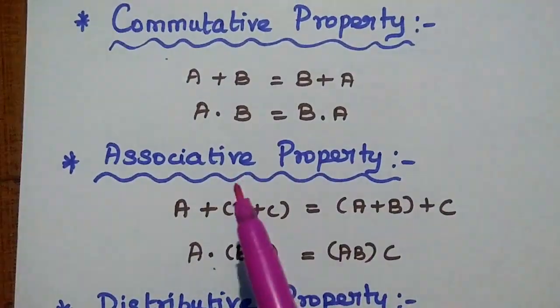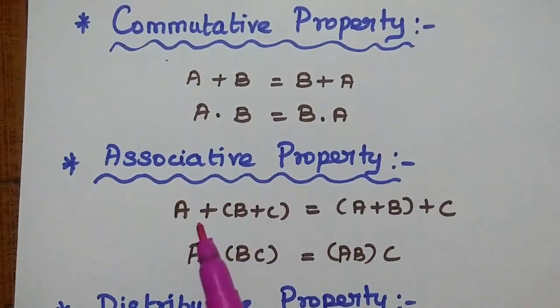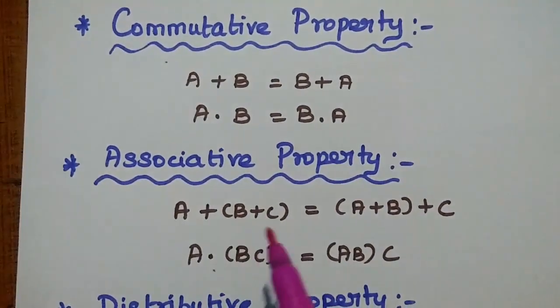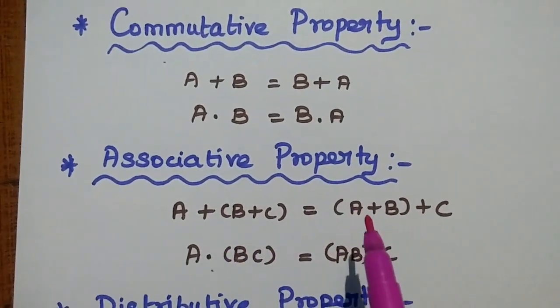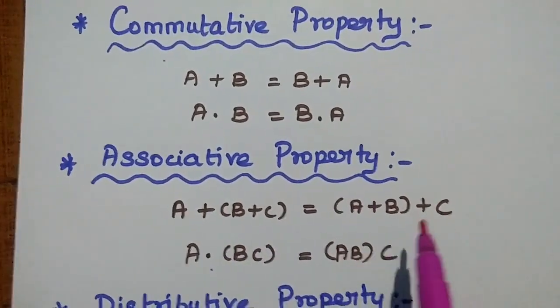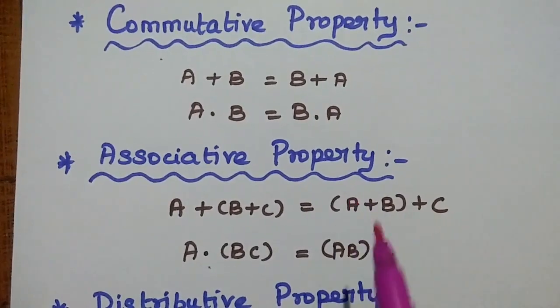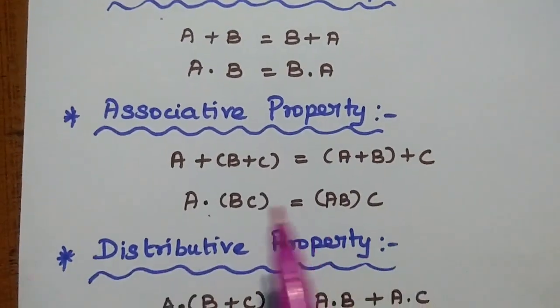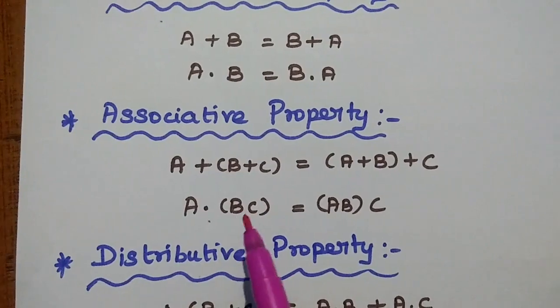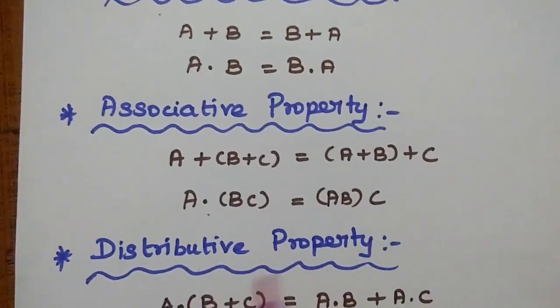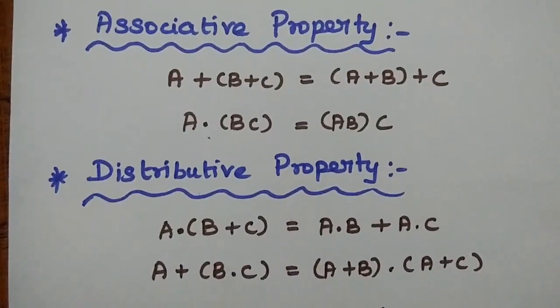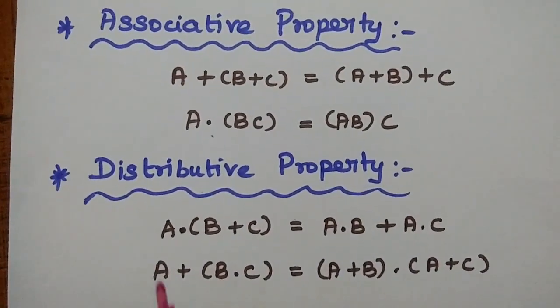Associative property. In associative property, we can use more than two variables. So, A plus B plus C is equal to A plus B plus C, grouped in either way. The same is applicable for product. A dot B dot C is equal to A dot B and then dot C. So, next one is distributive property.